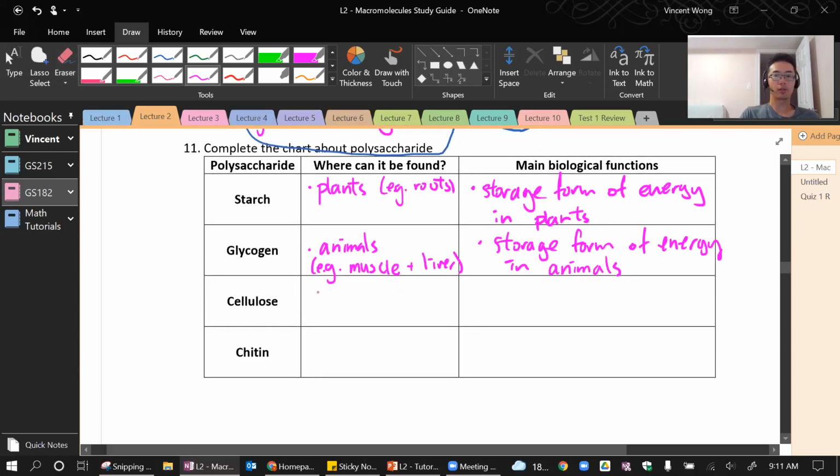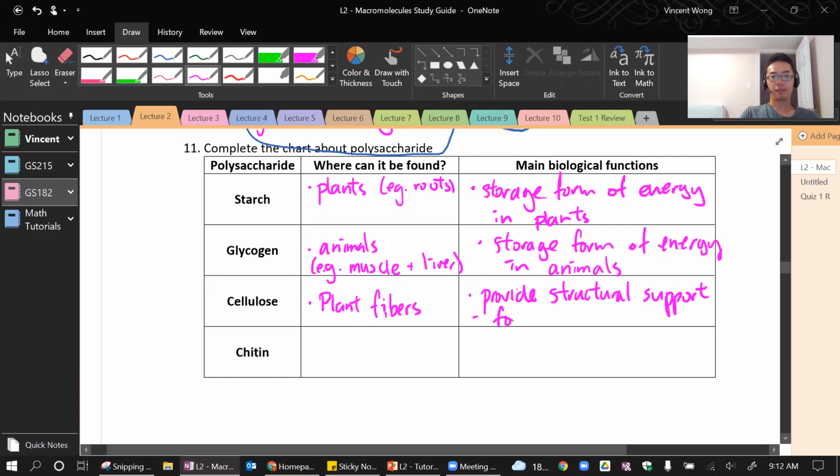Cellulose. What are cellulose? Cellulose are fibers. Okay, plant fibers. So what do they do? They provide structural support.